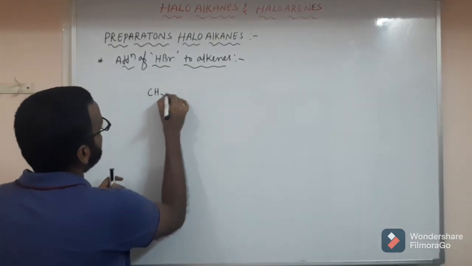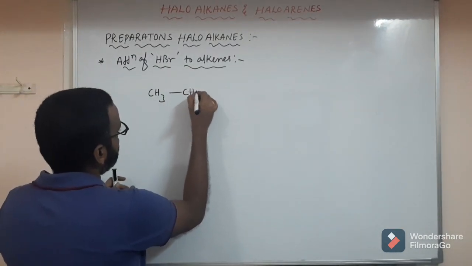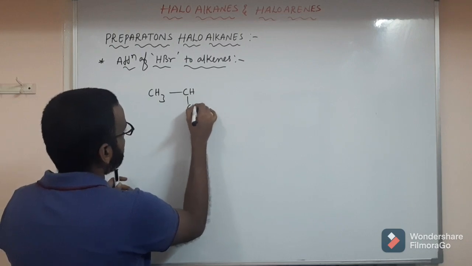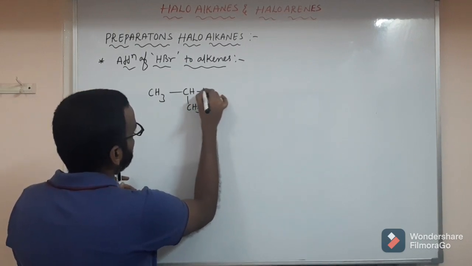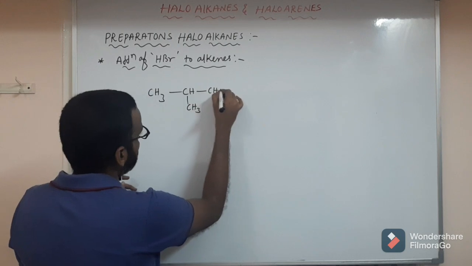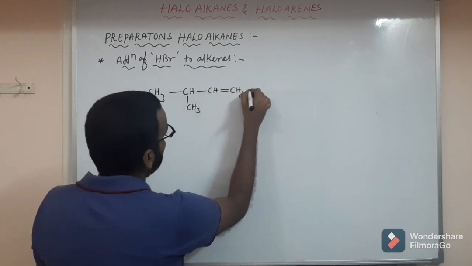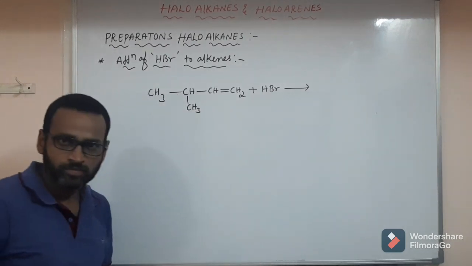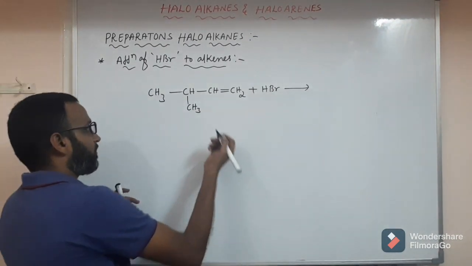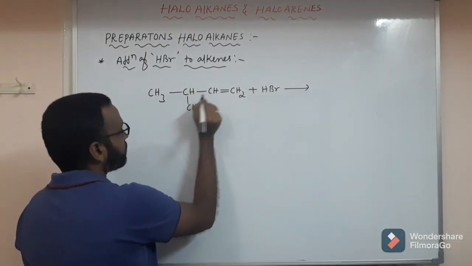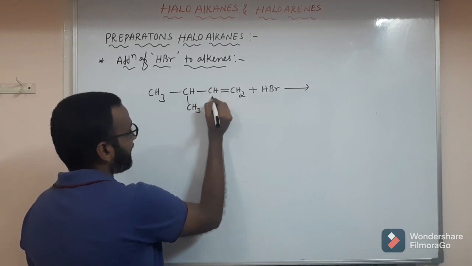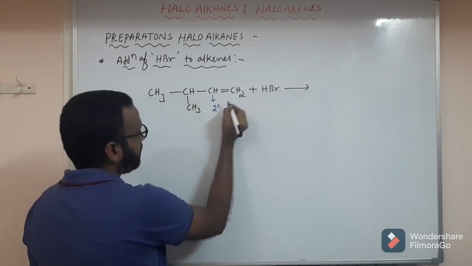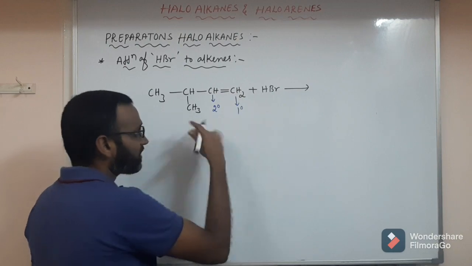If you see CH3, CH, and here CH3, and here CH, double bond, CH2, when I am adding HBr, what happens? So actually this one is secondary, as I said, and this one is primary, like you have tried before.